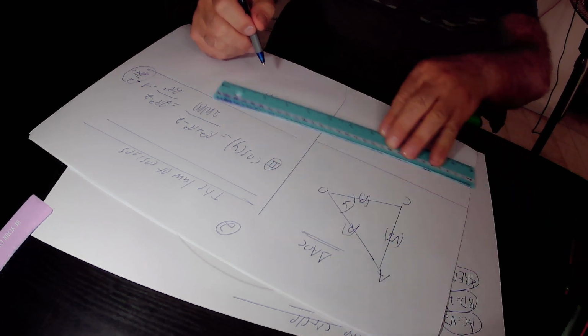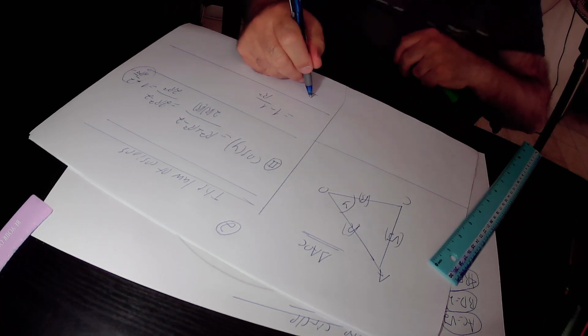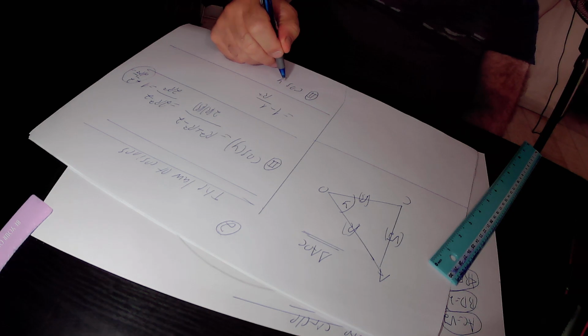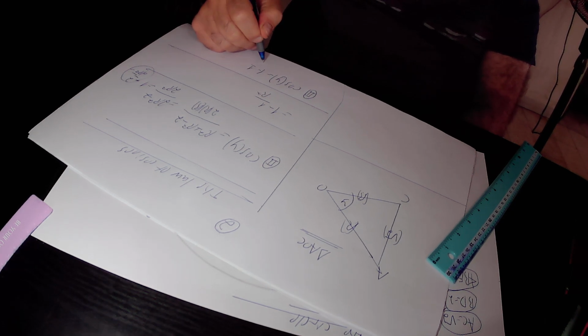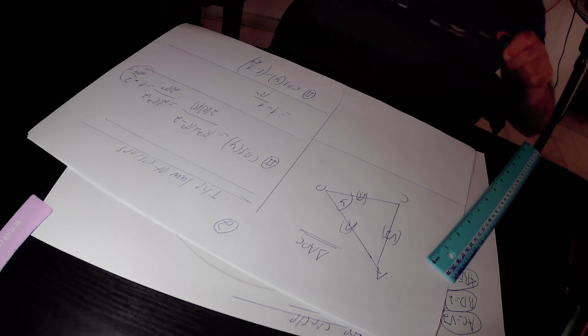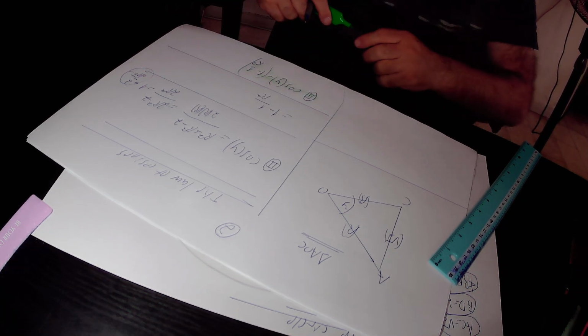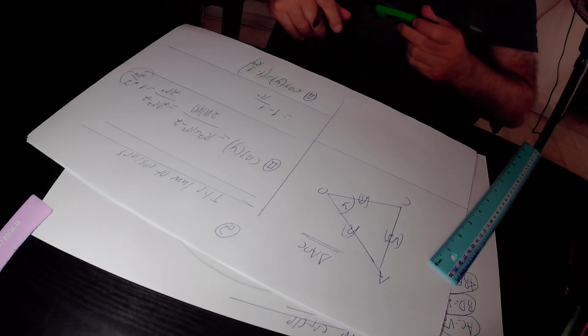So according to equation 2, cosine Y equals 1 minus 1 over R squared.